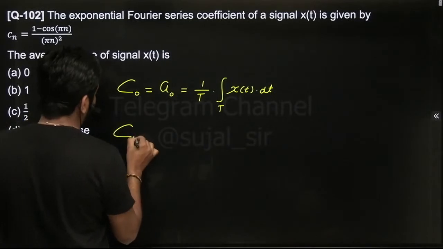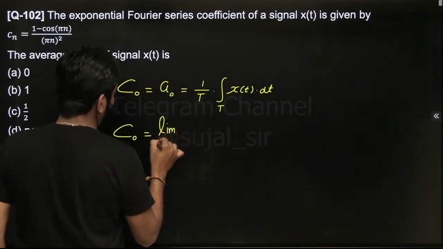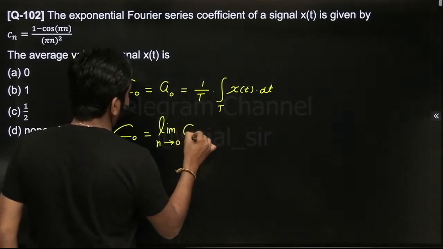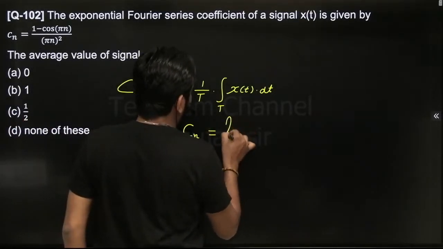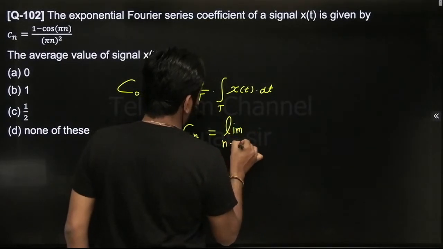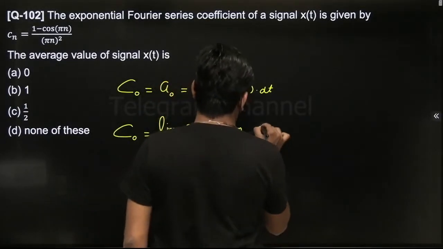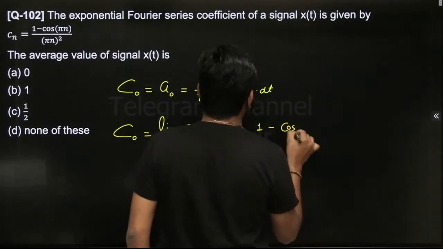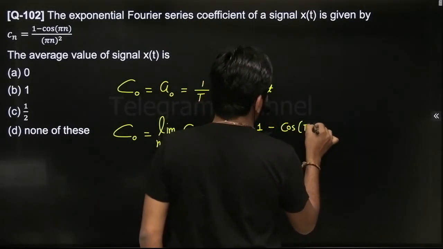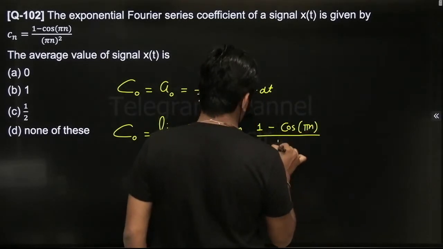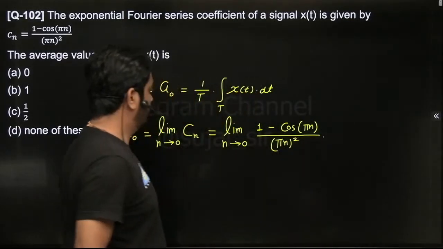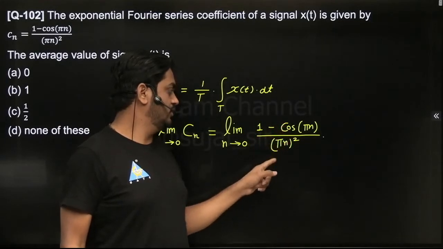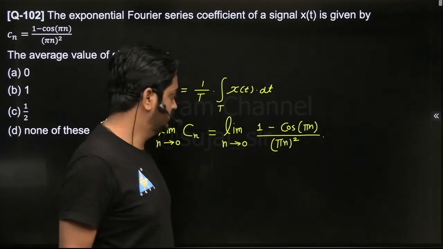So C0 is the limit as n tends to 0 of Cn, which is 1 minus cos pi n divided by pi n whole square. Now put n equal to 0: cos 0 is 1, so 1 minus 1 is 0, and the denominator is also 0, a 0 by 0 form. So we have to use L'Hospital rule.